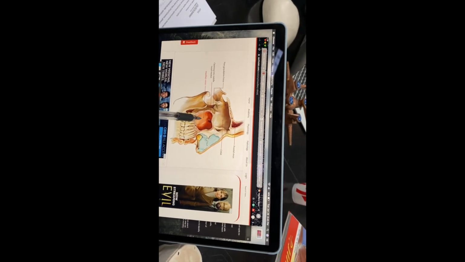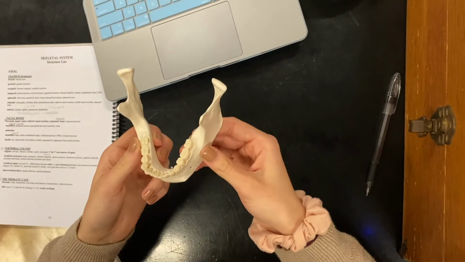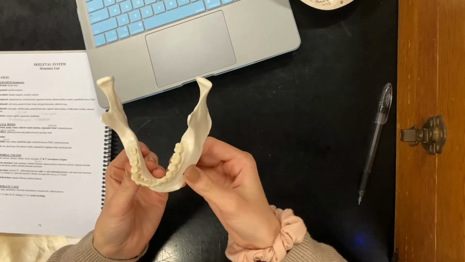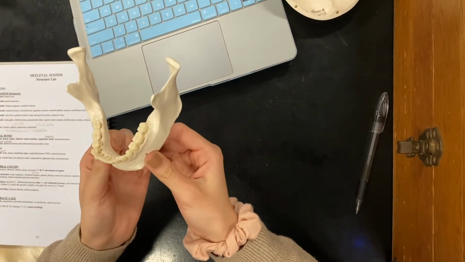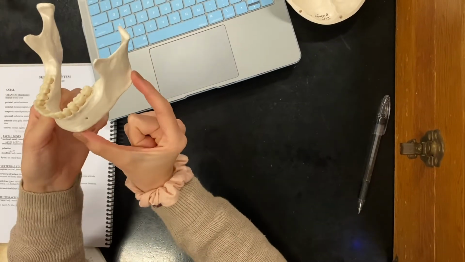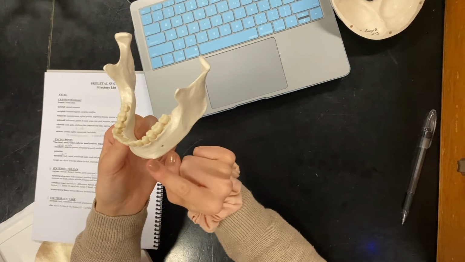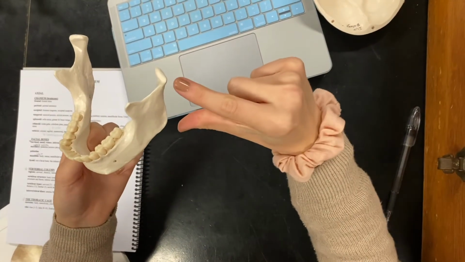amongst the maxillary bone. So next we're going to be talking about the mandibular bone. Again, this is your chin. The body of the mandibular bone is going to be here. So this in here counts as the body. And then the ramus is going to be here.